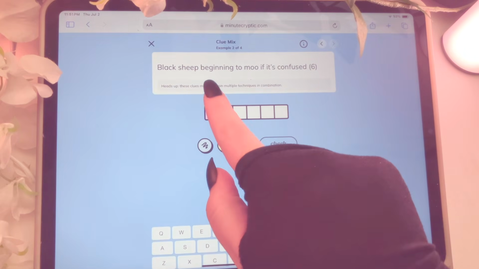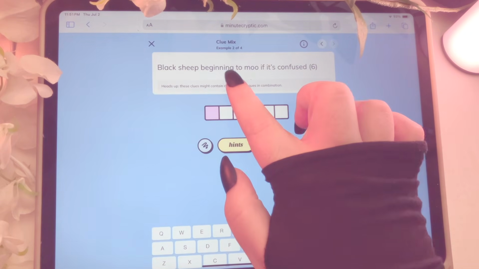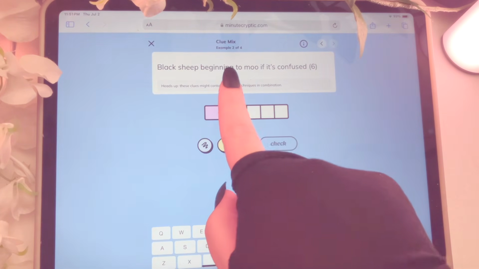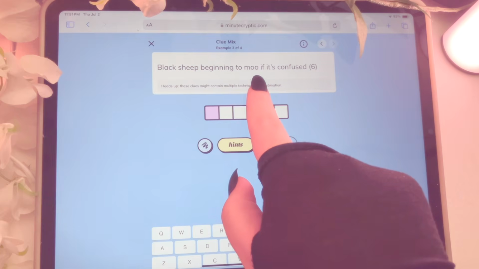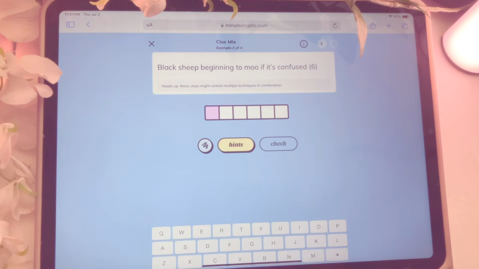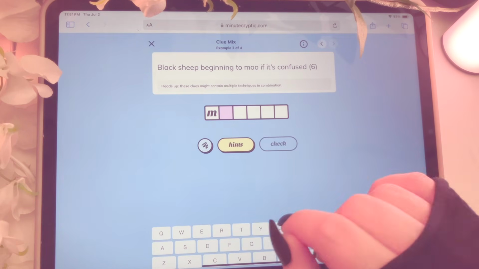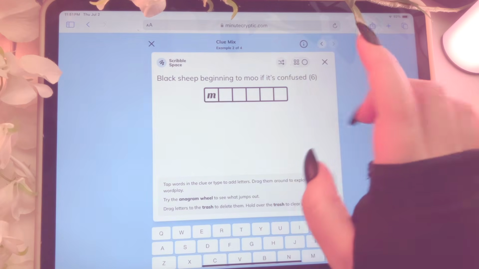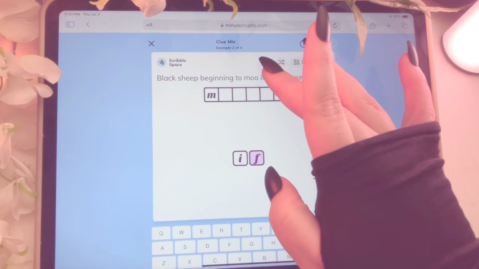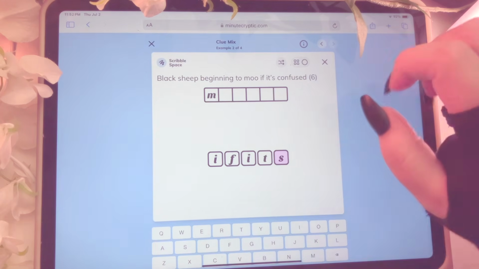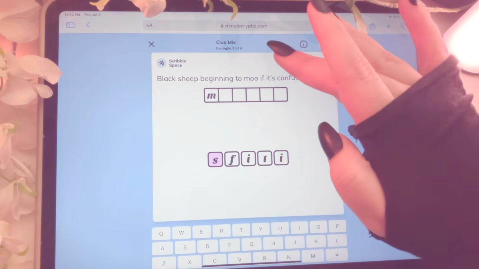I was right about the indicators, I think. Beginning is not talking about black sheep. It's the beginning to moo. The beginning letter to the word moo, which is of course M. And then if it's confused, meaning if, and it's, IFITS, confused meaning anagrammed.